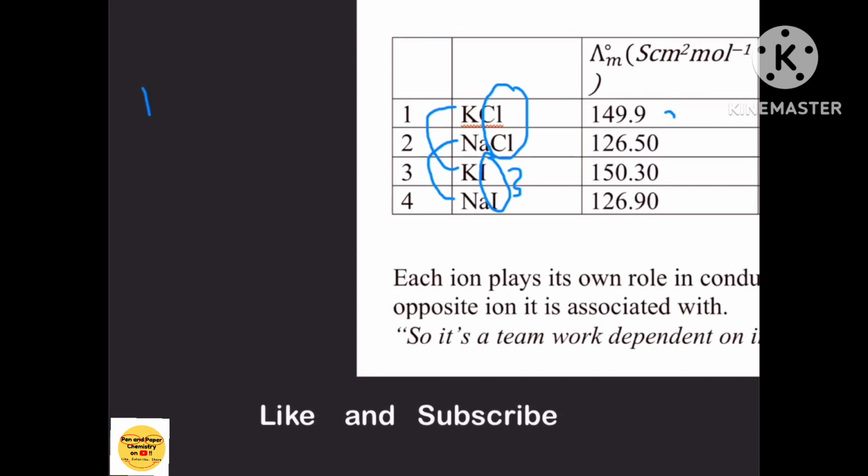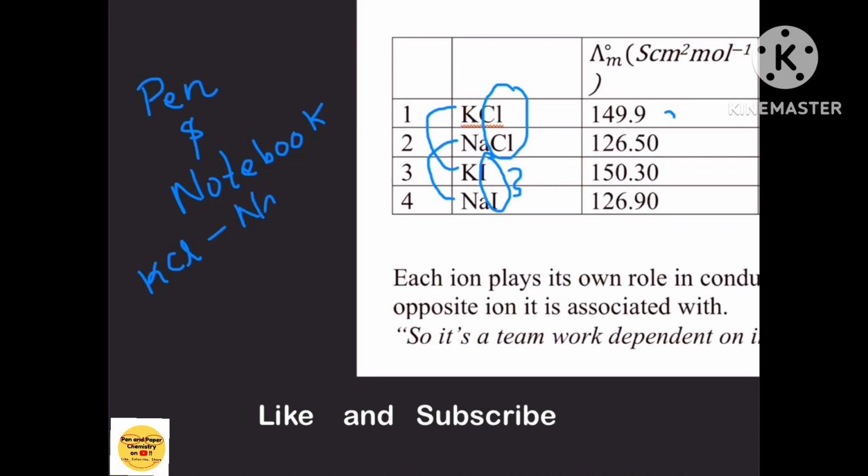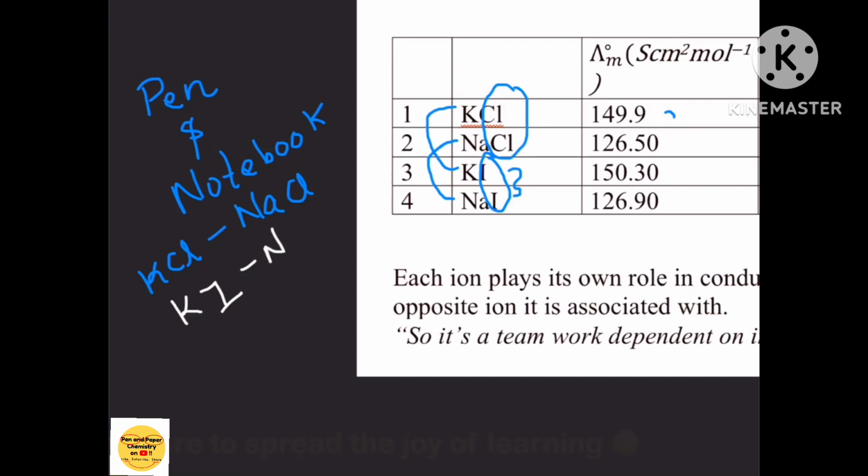please take out your pen and notebook, my request as always, and find out the difference that you observe between the molar conductivity of potassium chloride and sodium chloride, and the molar conductivity of potassium iodide and sodium iodide.